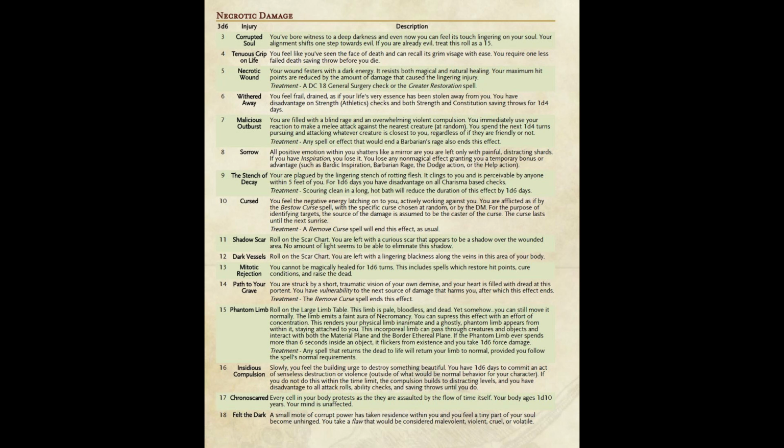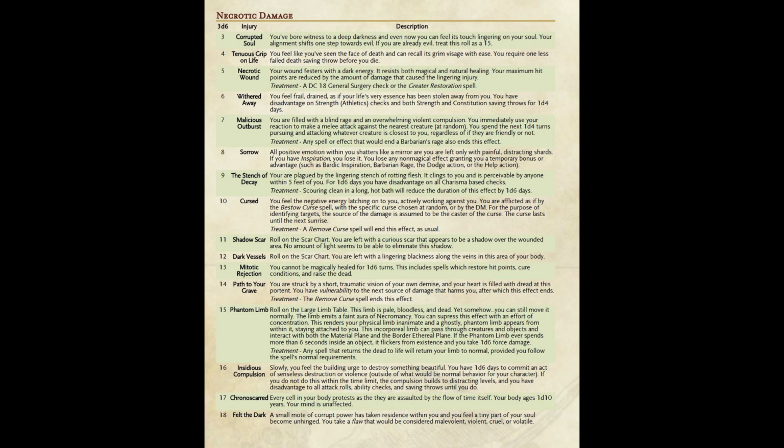So on that note, I want to have a look at an entire damage table to show you what might be on it. I'm just going to pick necrotic damage because I think it's probably the most interesting one. So number 3: your player rolls a 3d6 to see what they get, and they see three ones, snake eyes. This is what they get. Corrupted soul.